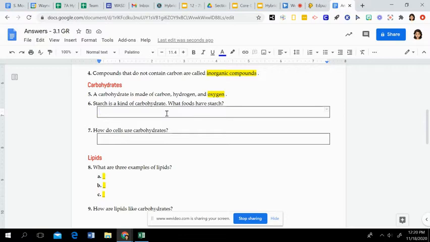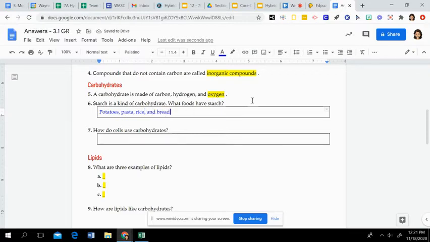And the question is, what foods have starch? So if you look in your book, it lists out the different types of foods. So that would include potatoes, pasta, rice, and bread.